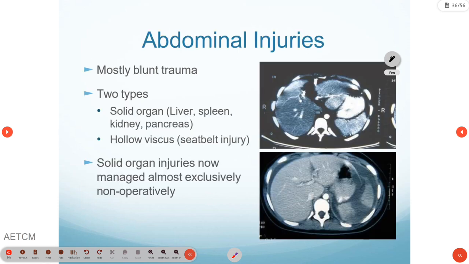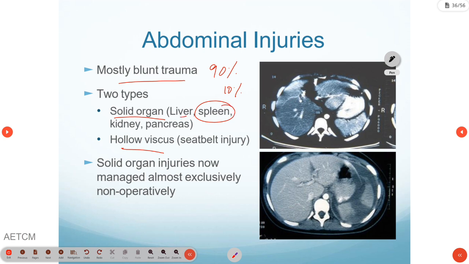Now coming to another important one, abdominal injuries. In abdominal injuries, mostly it is blunt trauma, around 90% blunt and 10% penetrating. In blunt trauma, the most common are solid organs and hollow viscus. In solid organs, the most common is the spleen, even if we compare with adults.